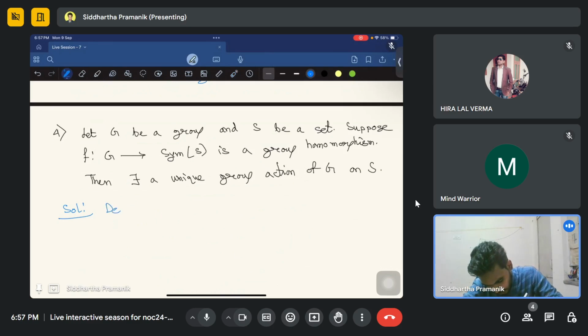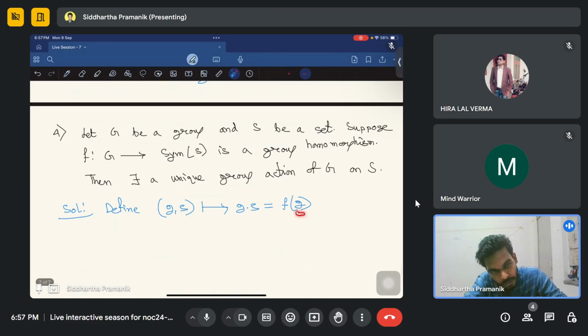So define g·s as f of g applied to s. So g is an element of the group, so f of g is an element of the symmetric group.